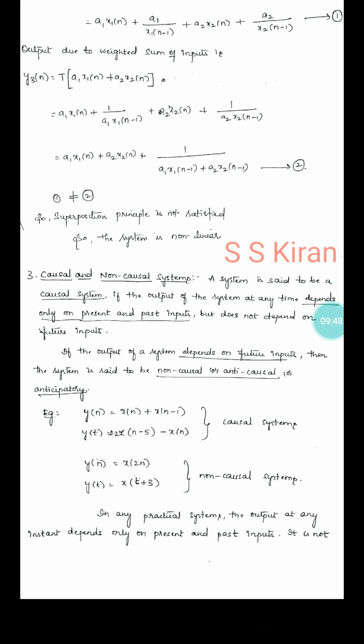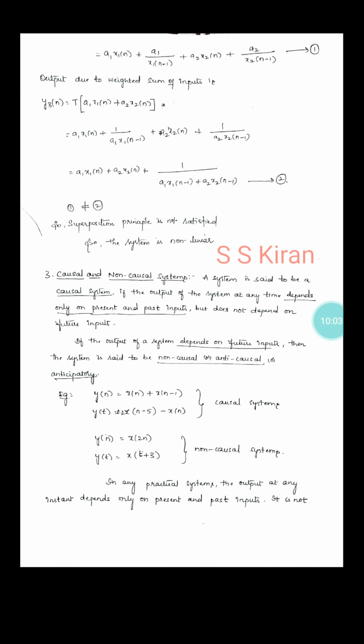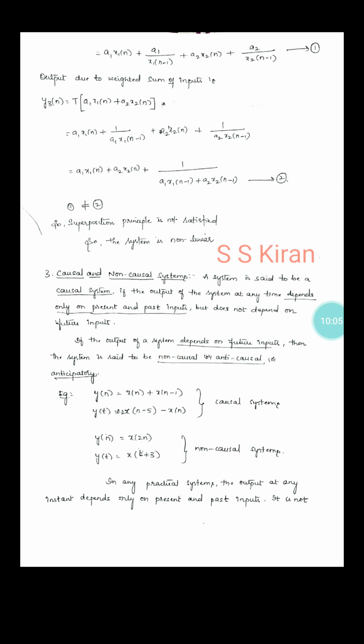Those systems are the causal systems. I will tell you once again: a system is said to be a causal system if the output at any time depends only on the present and past inputs but does not depend on the future inputs. If the output of a system depends on future inputs, then the system is said to be a non-causal system, or anti-causal system, or anticipatory system.